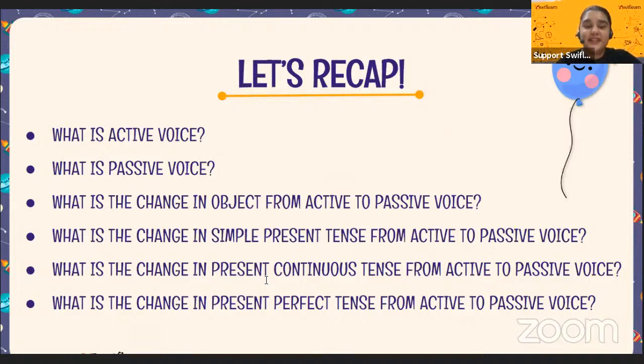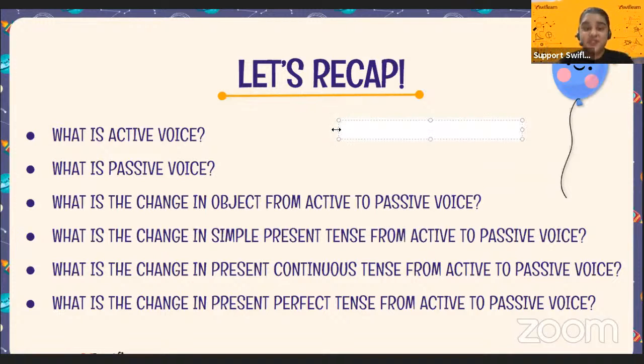So here we are having the next point. What is the change in present perfect tense from active to passive voice? So what will be the change in present perfect tense? Think about it. Give me the rule for active voice. Comment. Yes.